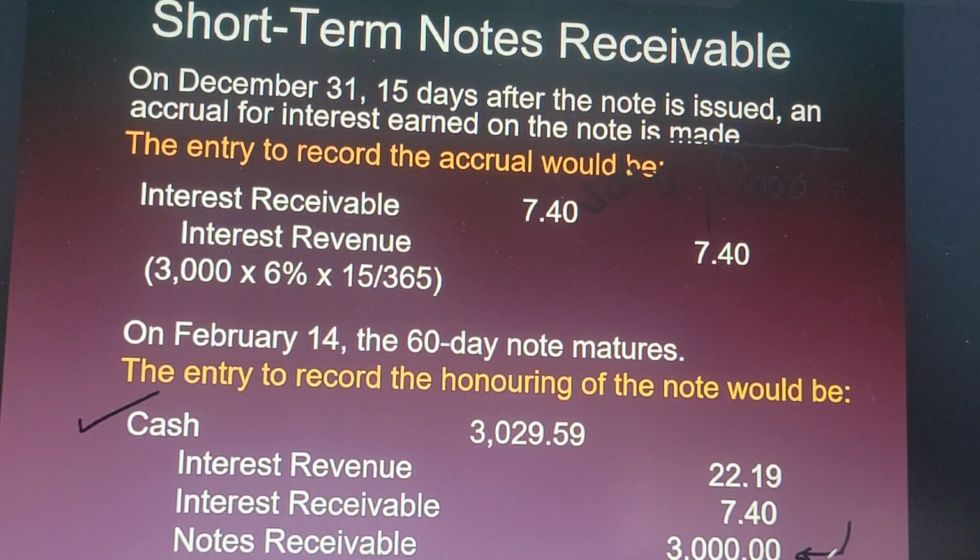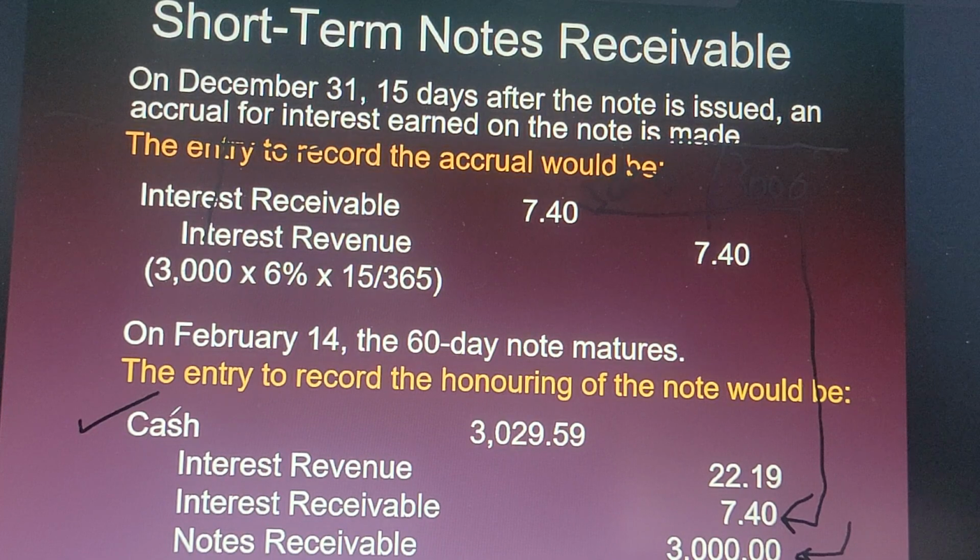Here is my interest receivable. Here it was debit, I'm making it credit, so no more interest receivable. It will be received now. I'm receiving cash for it. So interest receivable, it was 740. I'm making 740 here. That one is also closed.